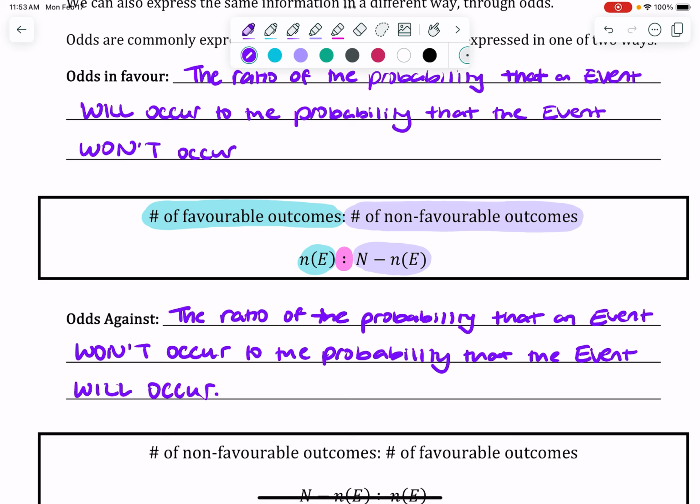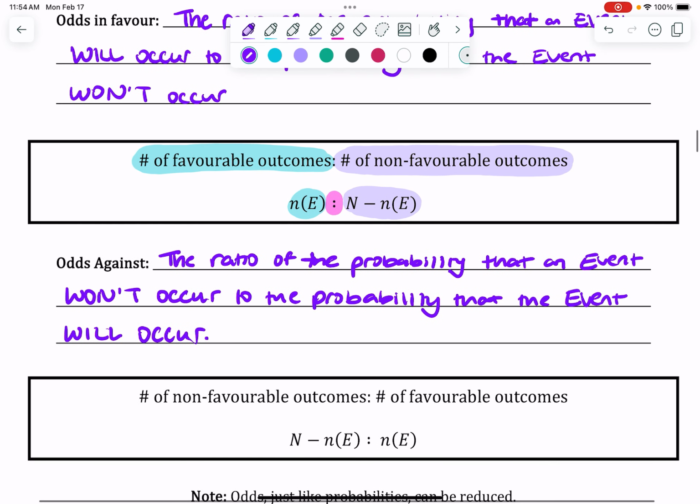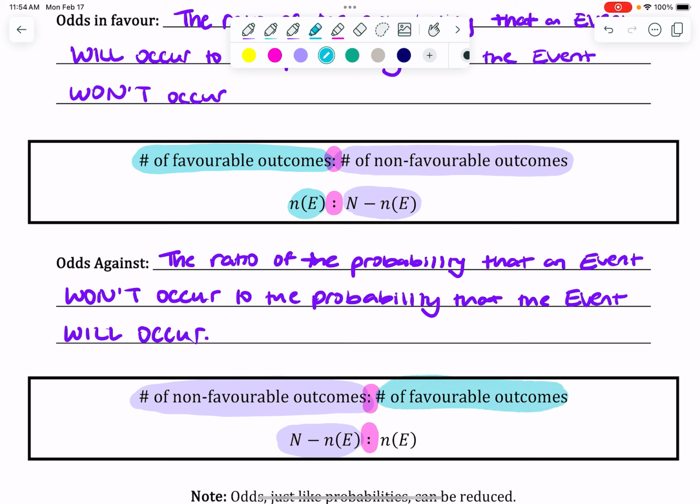So odds against is just the reverse order of odds in favor. We'll notice in that setup of the ratio, we have the exact same numbers separated by that exact same colon, but this time the numbers are in reverse order.